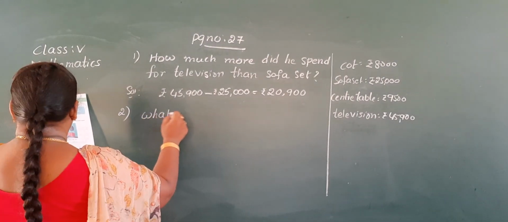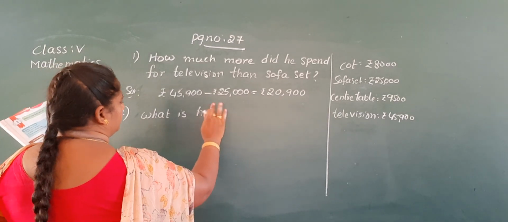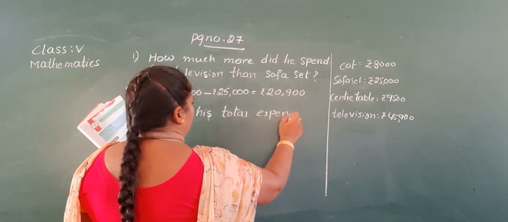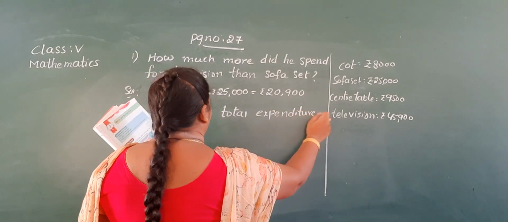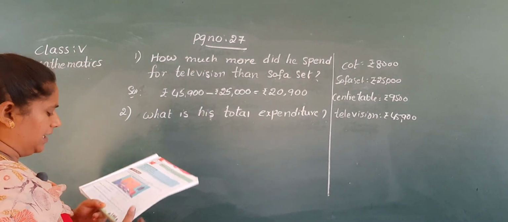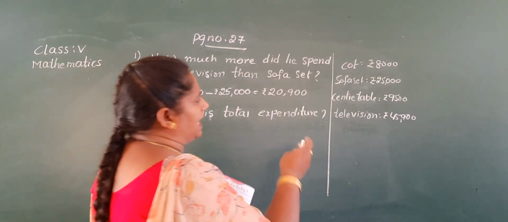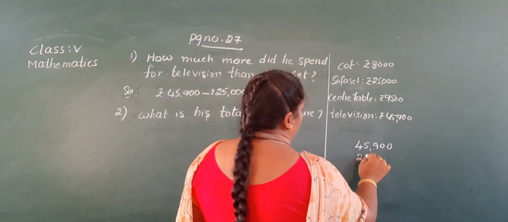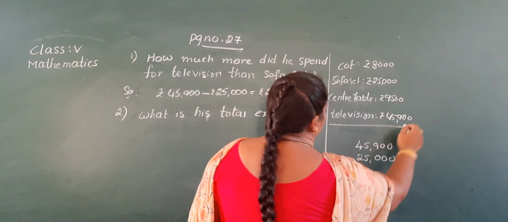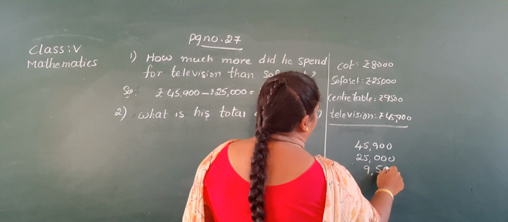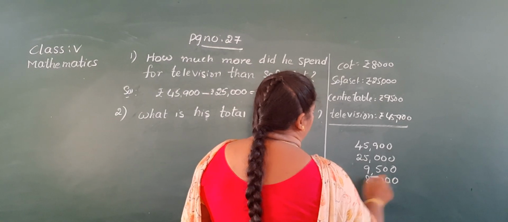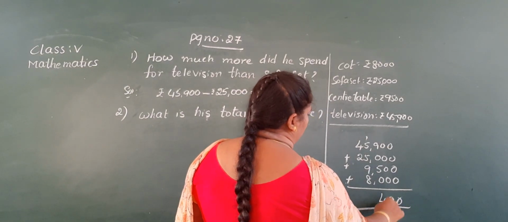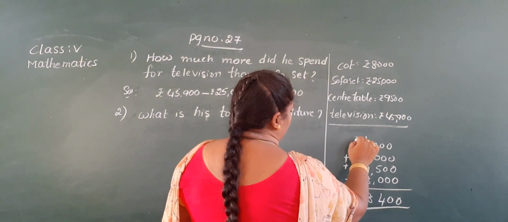Next, the second one. What is his total expenditure? Total means what we have to do? Yes, addition. You have to add all these items. First arrange 45,900, 25,000, and next 9,500, 8,000. Total means you should add all these. 0, 0, 9 plus 5, 14, 10, 20, 28 and 80.